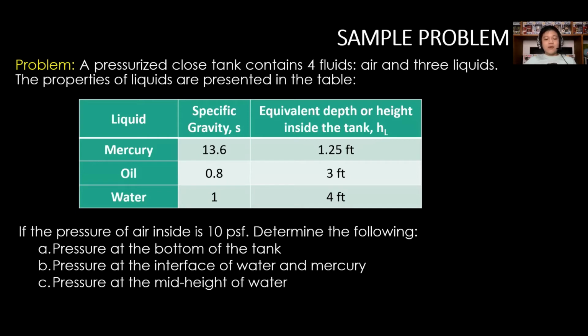If the pressure of air inside is 10 pounds per square foot, determine the following. A. Pressure at the bottom of the tank. B. Pressure at the interface of water and mercury. C. Pressure at the mid-height of water.